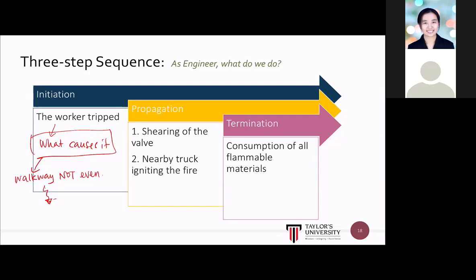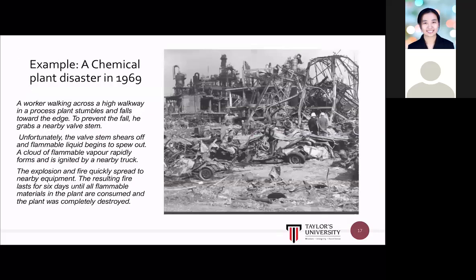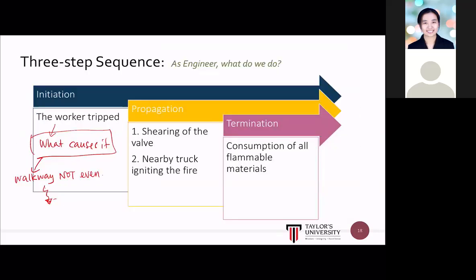Okay, so that is where we say, as engineers, when we understand all cases like this, we look at what we have today and what we need to do. If the walkway is not even, then you want to make sure it is even. So you use brainstorming here, or you can even refer back to those reports on what causes persons to trip.